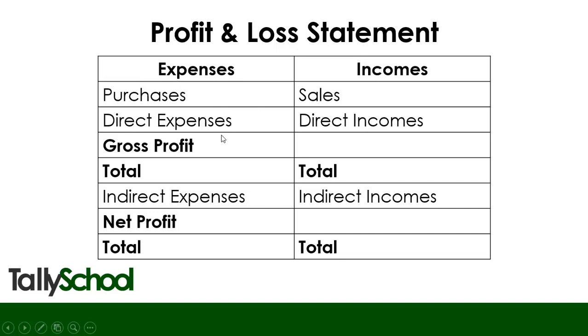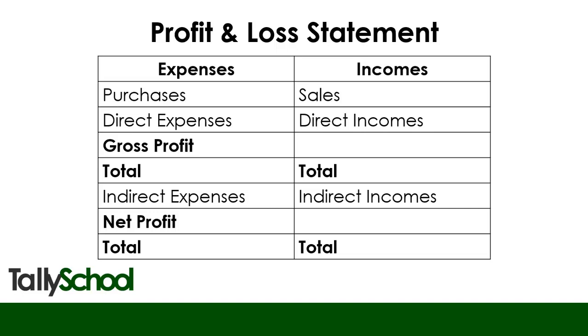Then the direct expenses related to your business. Let's say you purchased 10 sarees here, and the expenses relating to the purchase can be delivery expenses or handling expenses of the saree stock, or any other direct expenses directly related to your business. So they both will get listed here.